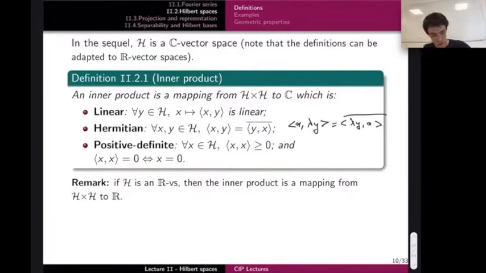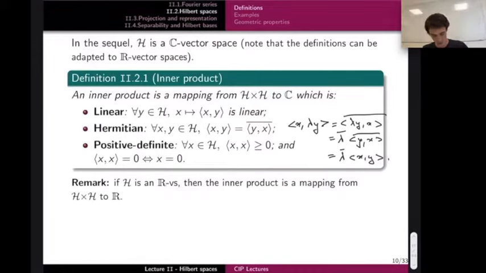Then I can use the linearity, the first property, which tells me that this is lambda bar times the conjugate of the product of y and x, which now I can use the Hermitian property again to get lambda bar times the product of x and y.